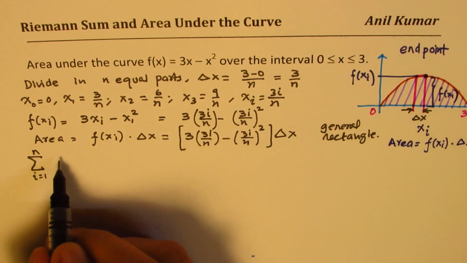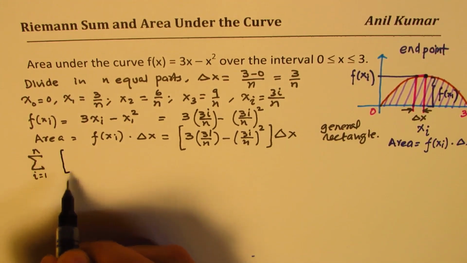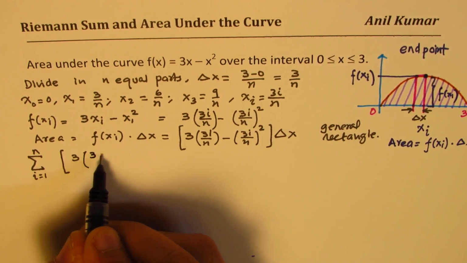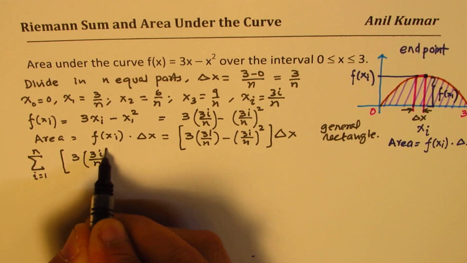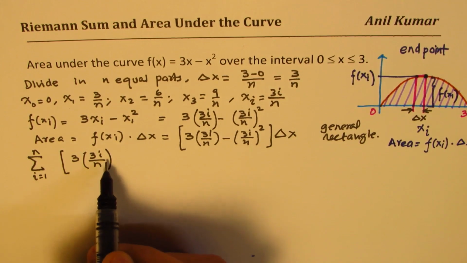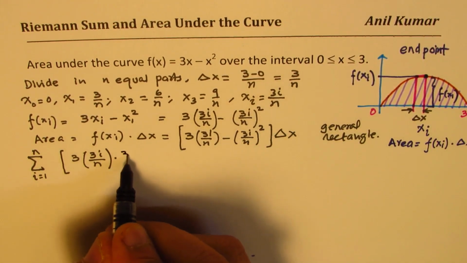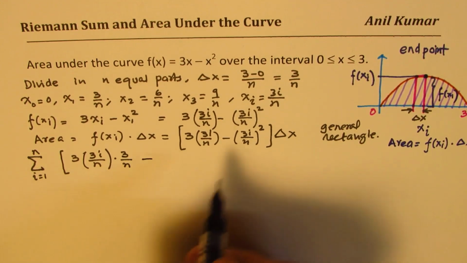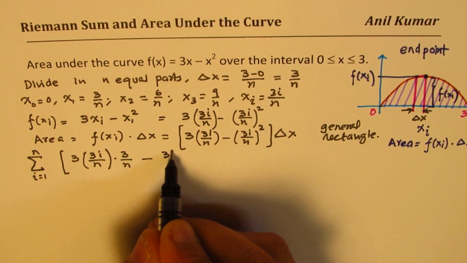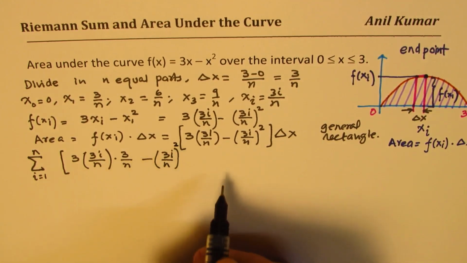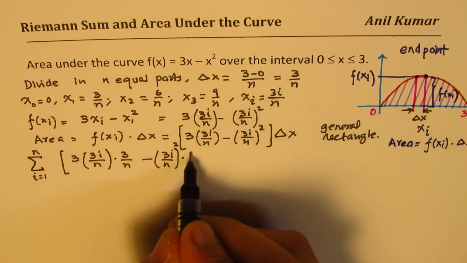So we get here 3 times 3i over n, and I'm multiplying each by delta x, which is 3 over n, minus the second term, which is 3i over n whole squared times 3 over n.